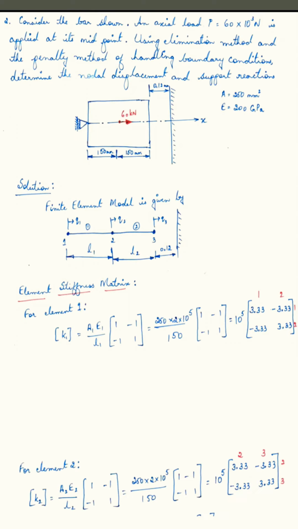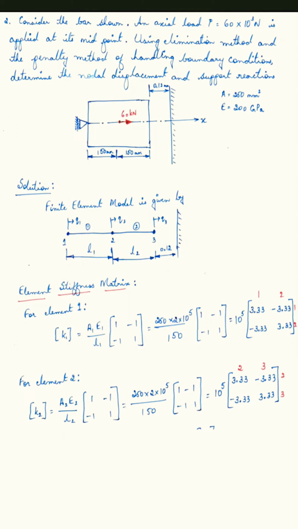Now we'll calculate the stiffness matrix for element 2. Element 2 also has the same area, the same value of E and also the same value of L. So we'll obtain the same stiffness matrix, or the matrix with the same values, but the global degrees of freedom are marked.